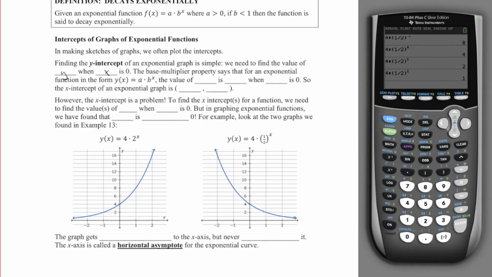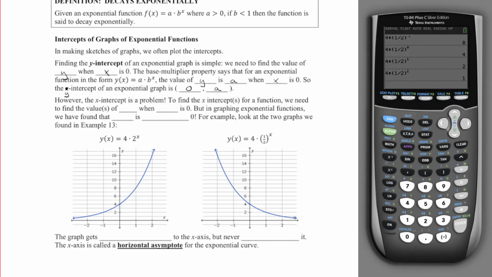If our function is given in base multiplier form, we can just see that. The value of y is a when x is 0. And so the y-intercept of an exponential graph is the point (0, a).